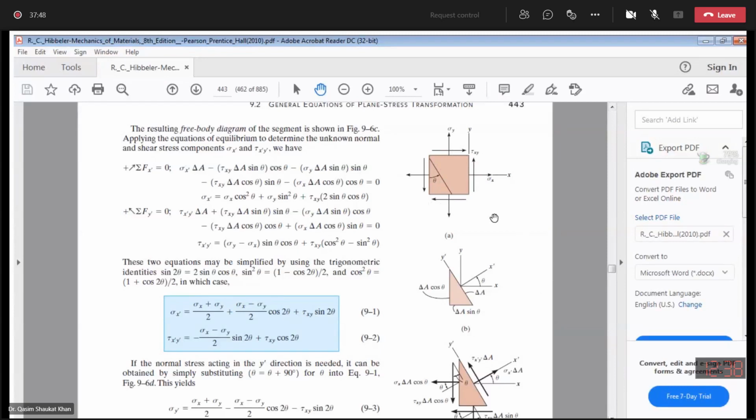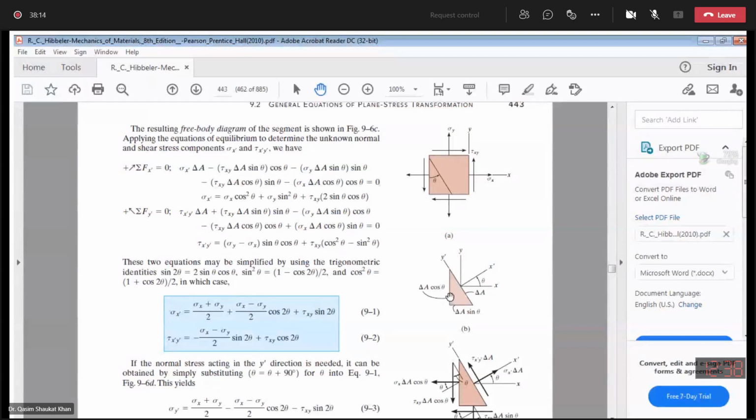So now you can see this. This is the section which has been cut along the y dash axis, and we got this diagram. First they are showing you that the area of this section is delta A. So arbitrarily the area of this part has been taken as delta A. Now this is your theta.